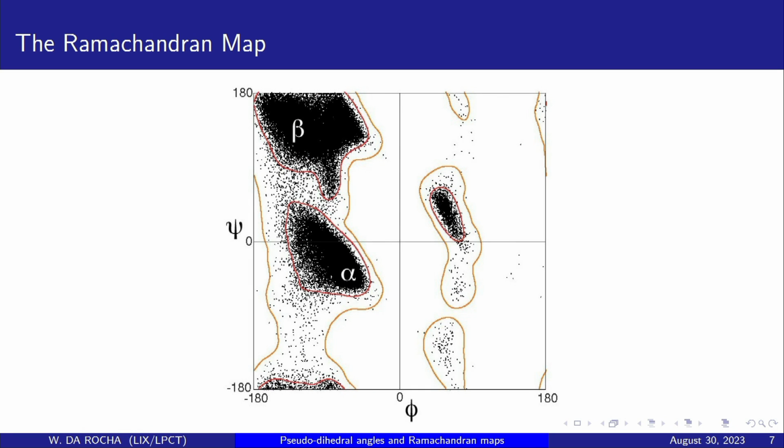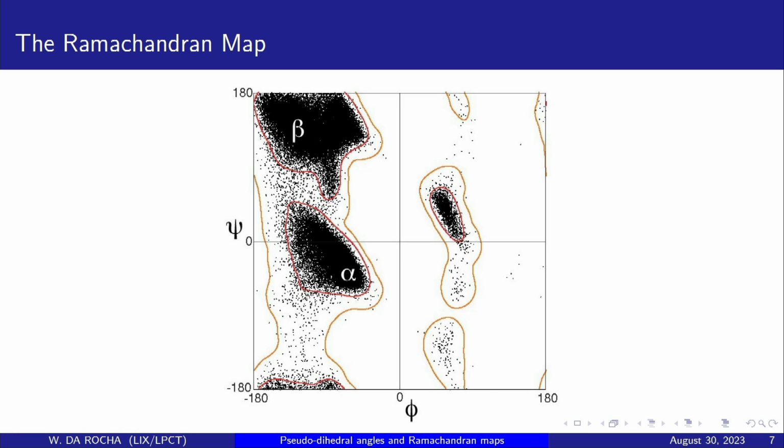Here we have the Ramachandran map. It was proposed, if I'm not mistaken, in the 60s. Here we can see a database that was collected from X-ray data. They measured the angles phi and psi and put them in one diagram like this. The alpha and beta regions are related to the regions that we can get in a backbone, the alpha helix and the beta strands.